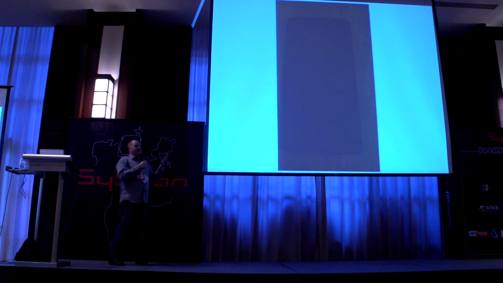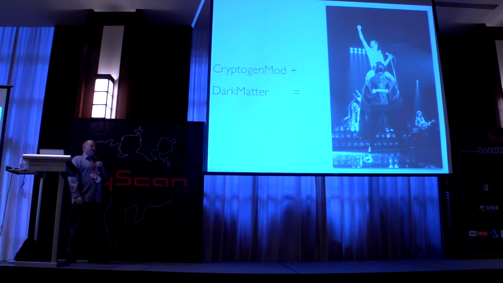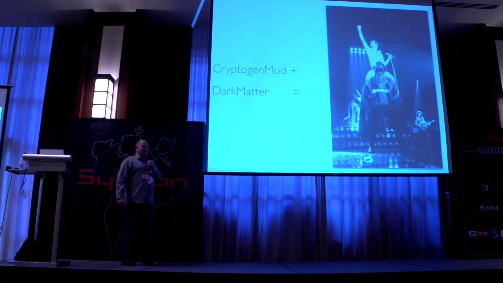So that gives us a very, very easy duress code in that the only thing you need to remember is do not use the correct PIN number, and you're safe. Yeah? That's the easiest possible duress code. So, yeah, CryptogenMod plus Dark Matter, pure win.